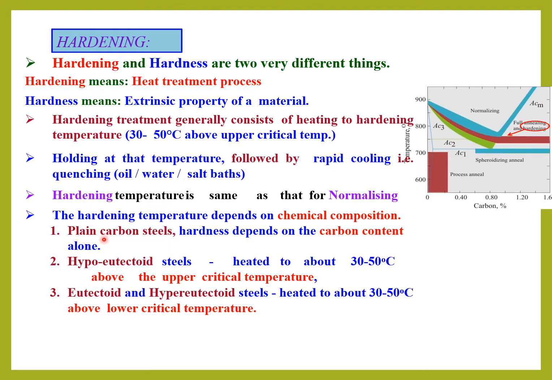Here it mainly depends on the chemical composition also. For plain carbon steel, it depends only on the carbon content. For hypoeutectoid steels, we have to heat up to 30 to 50 above the upper critical. For eutectoid and hypereutectoid steels, we have to heat up to 30 to 50 above the lower critical temperature.